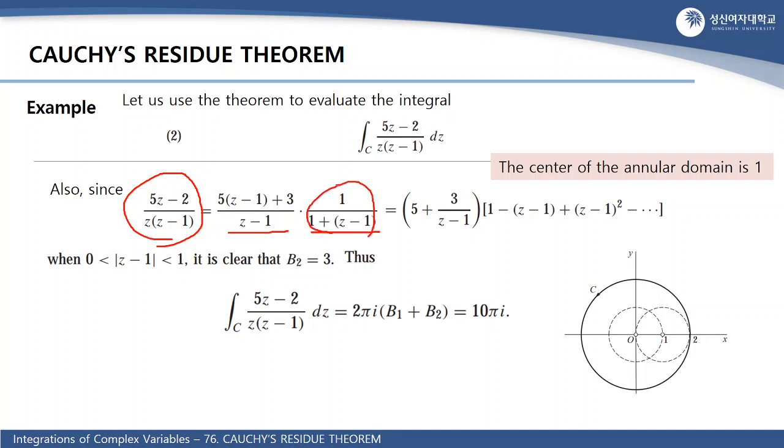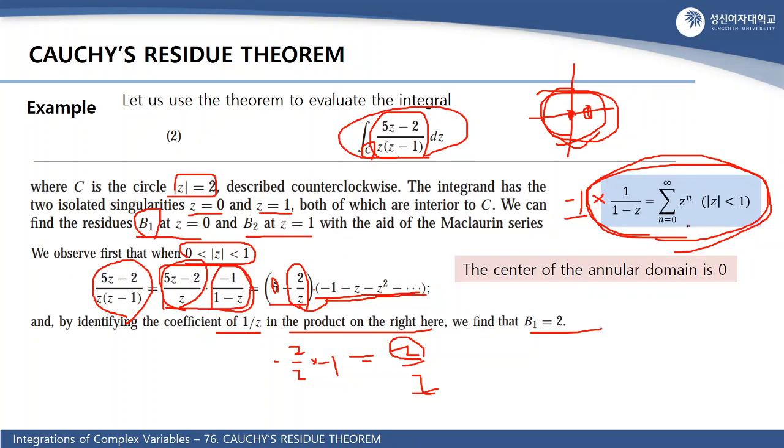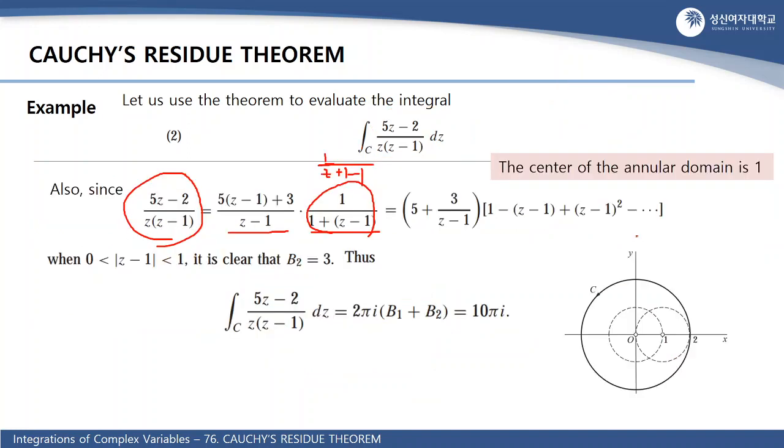Which is exactly 1 over z, but by adding 1 and negative 1, we rewrite it into this function, and then we apply the Maclaurin series given by this. In this case, we replace z by z minus 1. Then we get this.